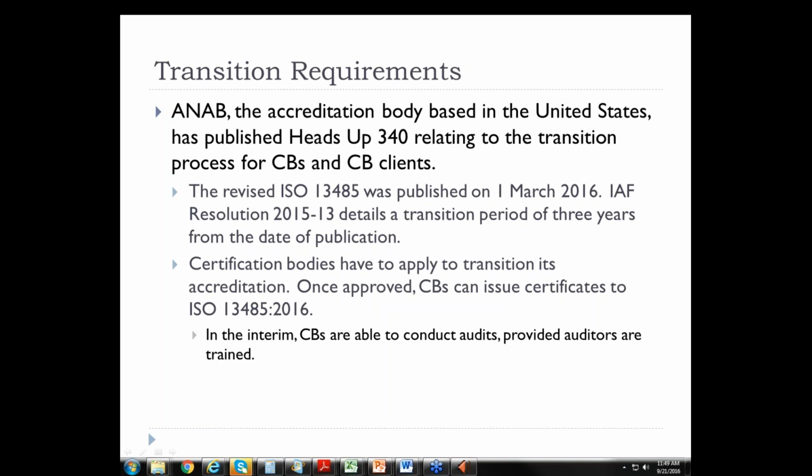Getting a repeat question, does 13485:2016 focus more on improvement rather than maintenance, as did ISO 13485:2003? Yeah, I mean, we're seeing some more improvement references.